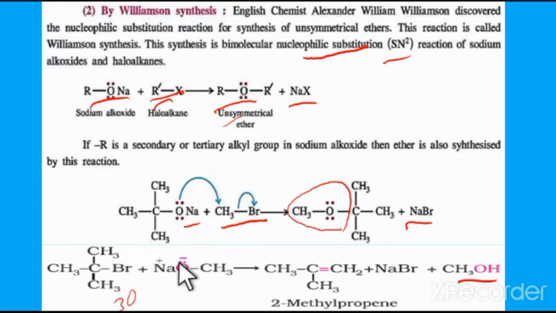So this is a slight variation. When tertiary butyl alkoxide is present, it forms the ether. Whereas when the tertiary butyl halide is there, it does not form the ether, which leads to dehydrohalogenation, where hydrogen as well as the halogen leave from the tertiary butyl group. As a result, it forms the unsaturated compound.